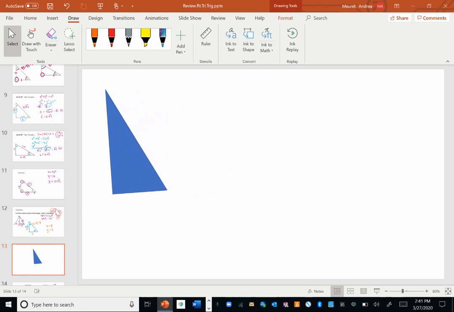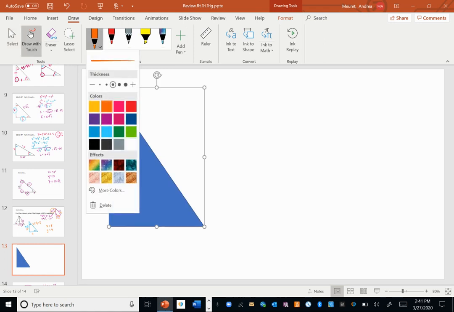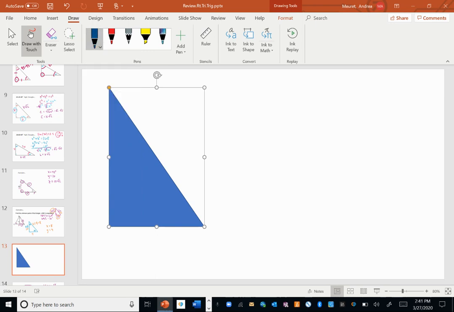Okay, so I'm going to say this is another example of a 30, 60, 90 degree right triangle. And I'm going to say this time that instead of an easy value for that long leg, I'm going to have a more difficult value to work with. And so I'm going to say this time that this long leg is actually going to be equal to 11. It has a length of 11.